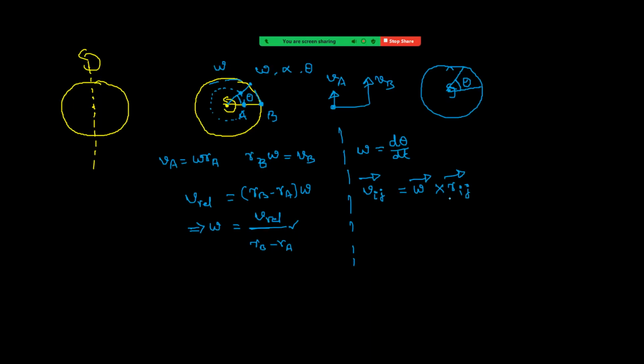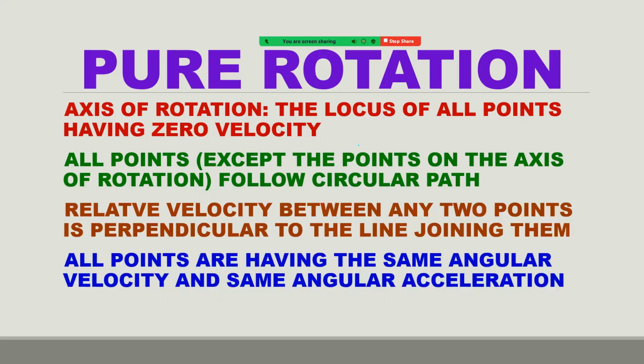This gives us both magnitude and direction. If you want only the modulus value of omega, simply focus on the relative velocity that is normal to the line joining them, and divide it by the separation between them. Then we get the modulus of omega. This is the definition of omega, or we can define it in this way also. Right?